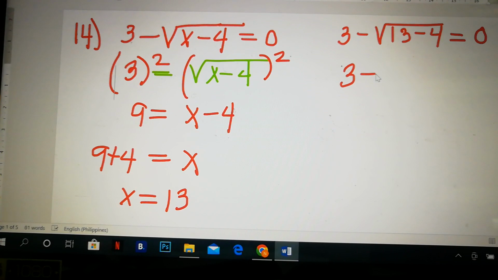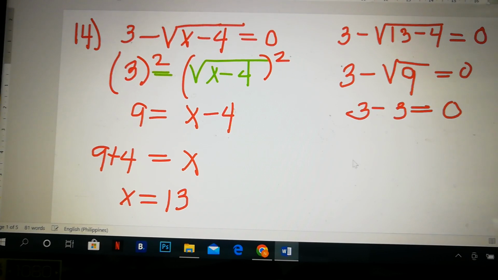So 13 minus 4 equal to 9. 3 minus 3 is equal to 0. 0 is equal to 0. So this is a true statement. Since this is a true statement, we can conclude that x is equal to 13 is a solution.